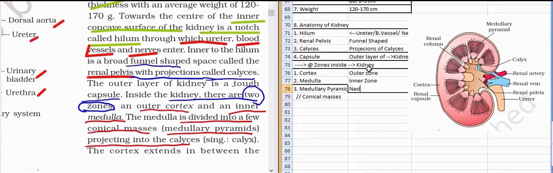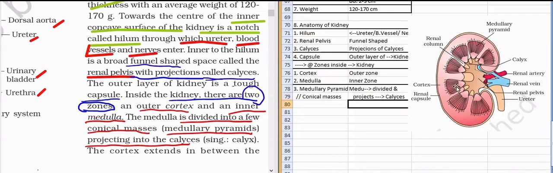Medulla divides, projects into calyces. That's it.